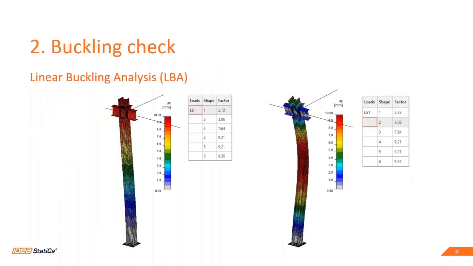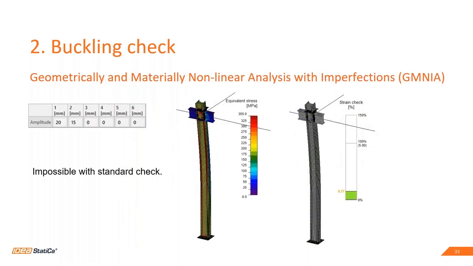From the linear buckling analysis, we will get the first several eigenshapes, and in this example you can see that the first one on the left and the second one on the right have factors which are quite close to each other. Therefore, in the third step, or in the third analysis, we will apply the imperfection on both of these eigenshapes.